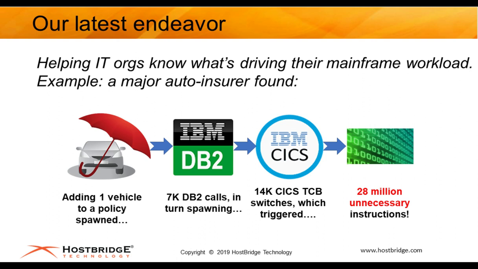And that's because of the nature of their CICS vendor-supplied application. And then finally, we were able to do the math pretty directly and figure out that 28 million unnecessary instructions were being executed as a result of adding that one vehicle to an existing policy.